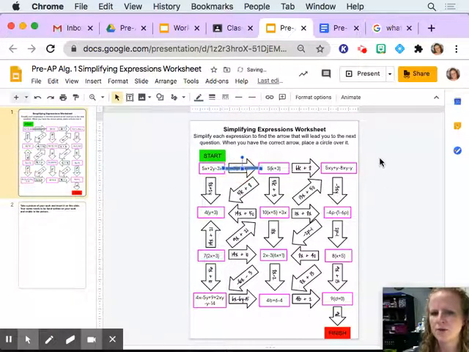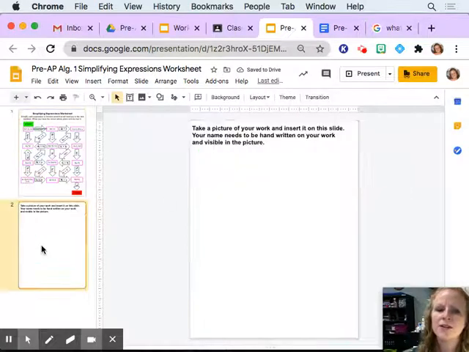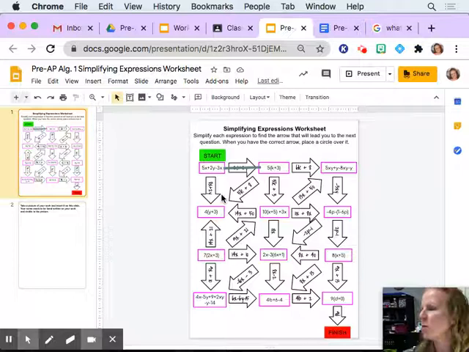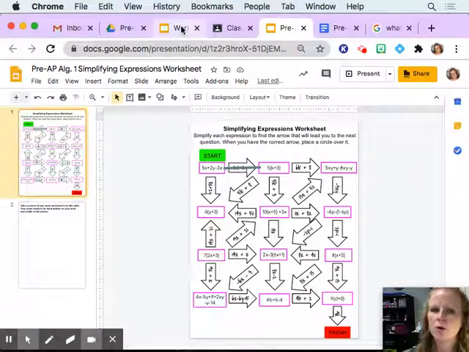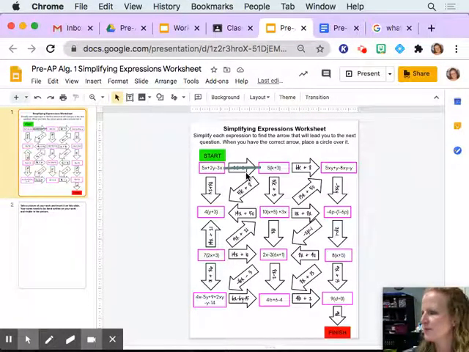Okay, so you know which way you're going. And you need to take a picture of your work, or you can show your work using Equatio here. But this is your assignment that's due tomorrow before class. Okay. So you're finishing up slide 20 and then doing the assignment. All right, and we are out of time.